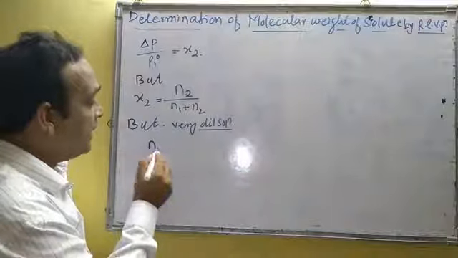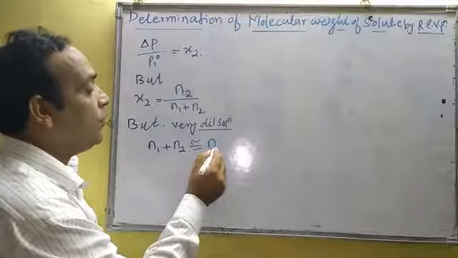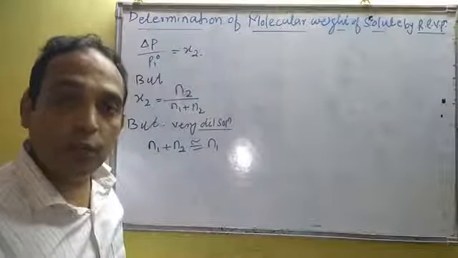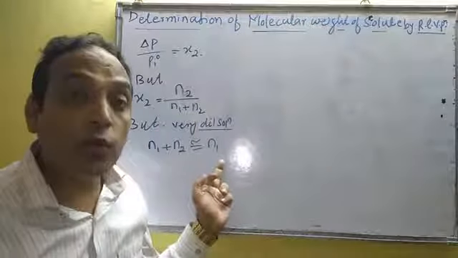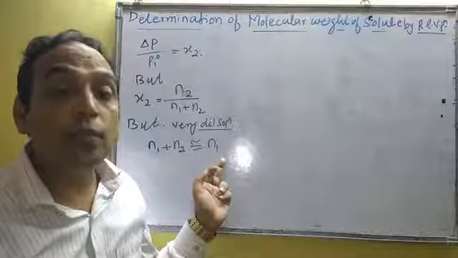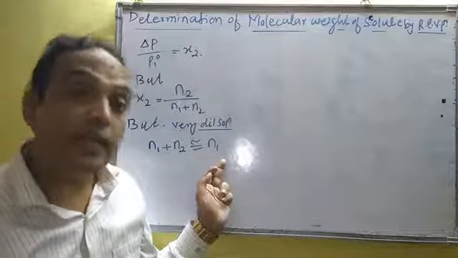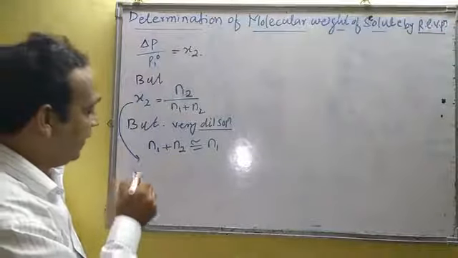So in this case n1 plus n2 is nearly equal to n1. क्यों ले रहा मैं n1 plus n2 nearly equal to n1? n1 is the number of moles of solvent, और dilute solution में solvent का quantity ज्यादा रहता है. So therefore this equation, ये equation क्या हो जाएगा?